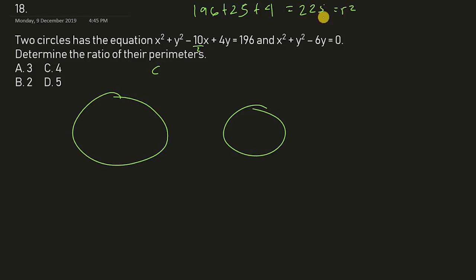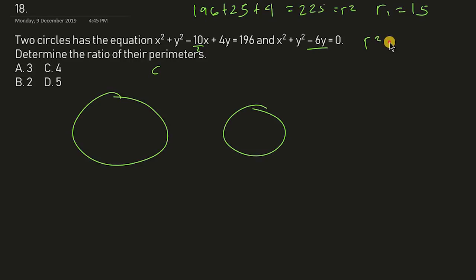That's r squared. So, my r sub 1 is equal to the square root of 225, which is 15. Now, I'll solve for the next value. So, ito lang, 6 siya. 6 divided by 2, guys, is 3. 3 squared is 9.